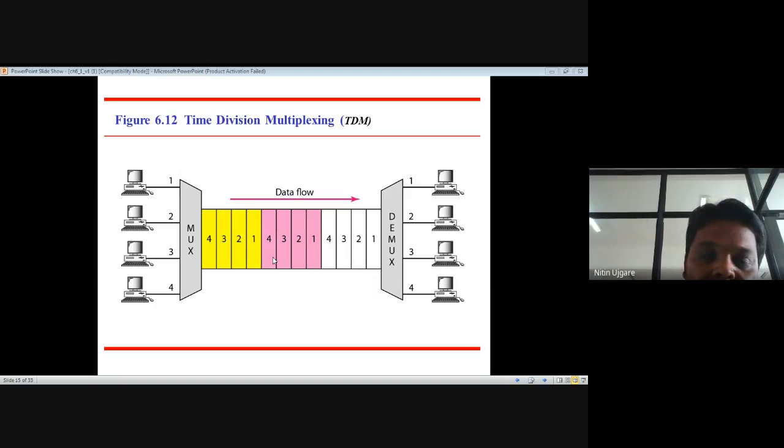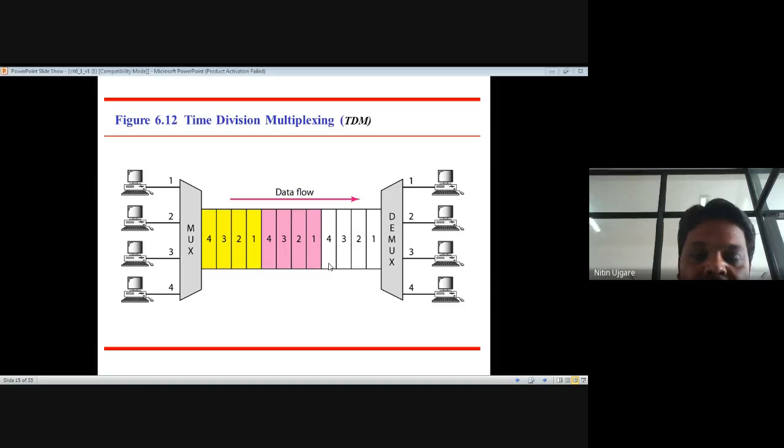The second time frame is coded with pink color, and the third one is coded with yellow color, right? What it means is we have divided the available transmission link into 3 time bursts or 3 time frames, and each time frame will be slotted and allocated for each of these channels.